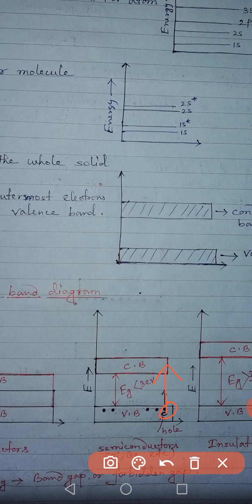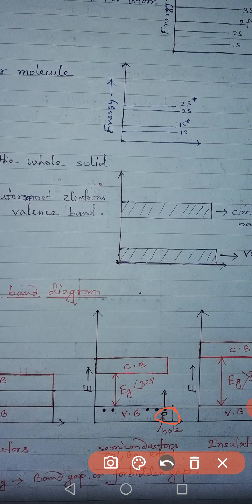When one electron moves from the valence band to the conduction band, in the valence band we get one vacancy, or we can say there is a deficiency of electron, and this deficiency of electron is called a hole. So what is a hole? A hole is a positive charge. Why do we say positive charge? Because it is the deficiency of negative charge, or deficiency of electron.